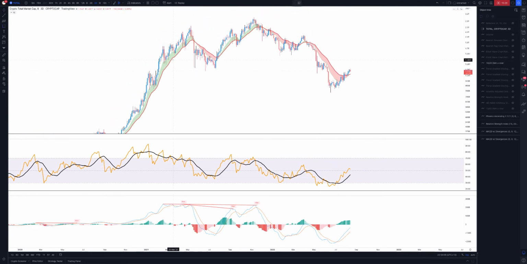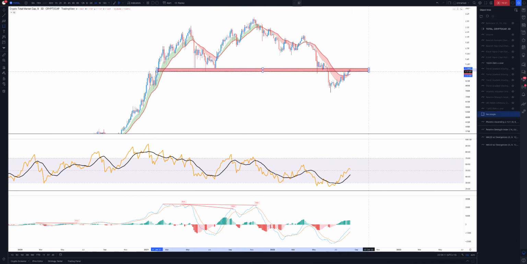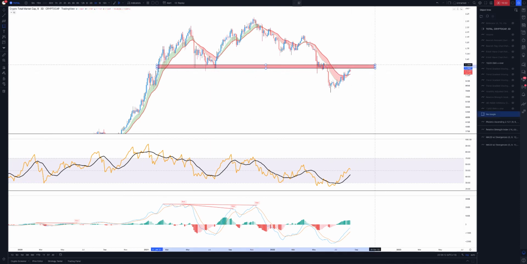So you can see what's going to take place. That is the neckline. So how much more has it got to go? Probably not much. This is going to be a strong resistance from a total market cap perspective.